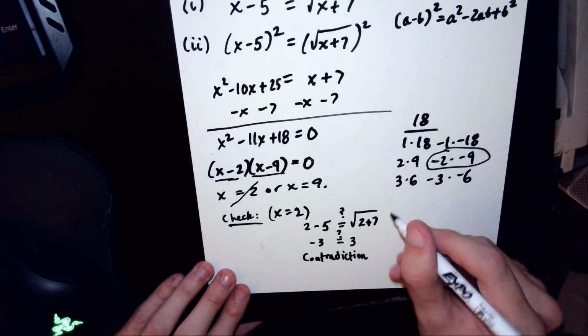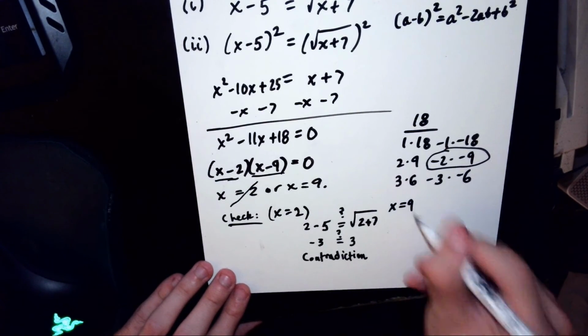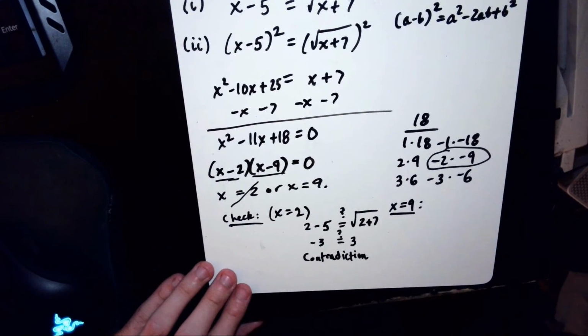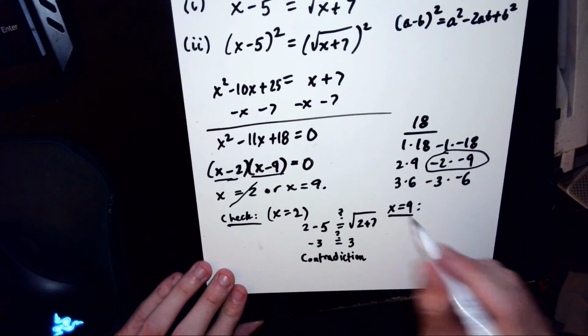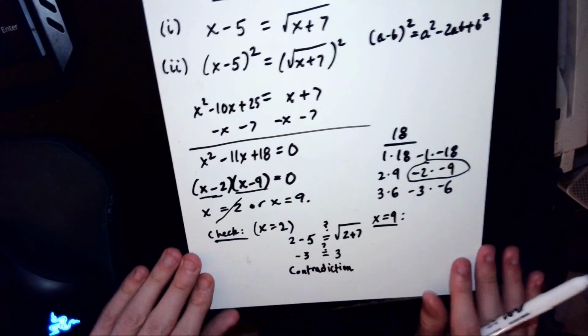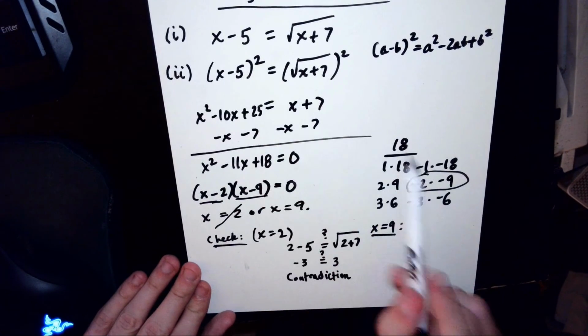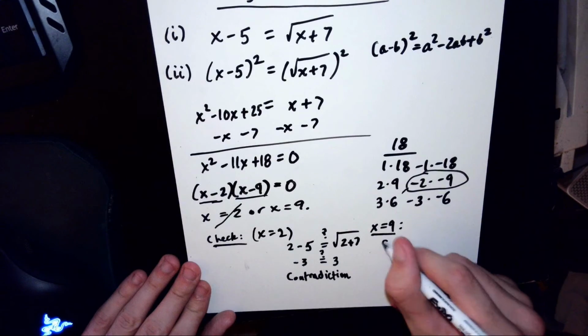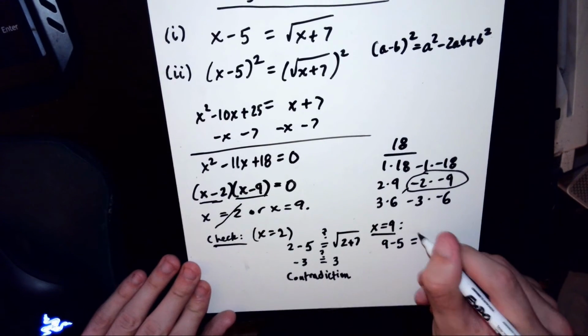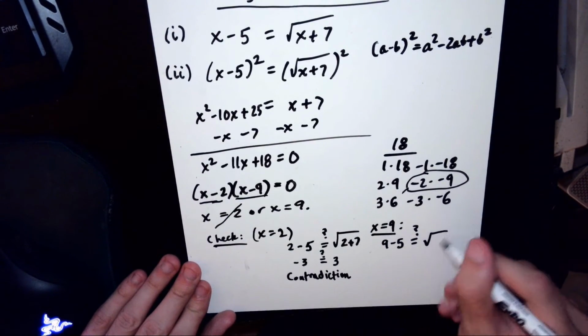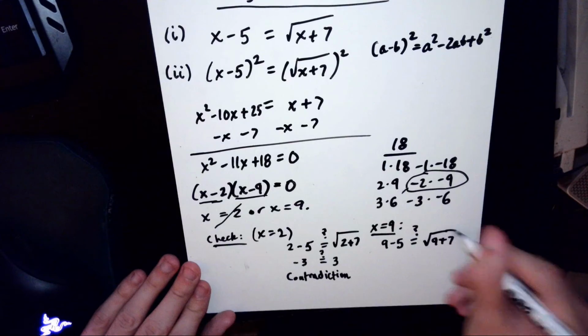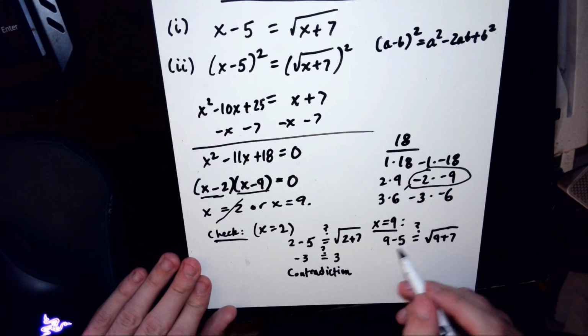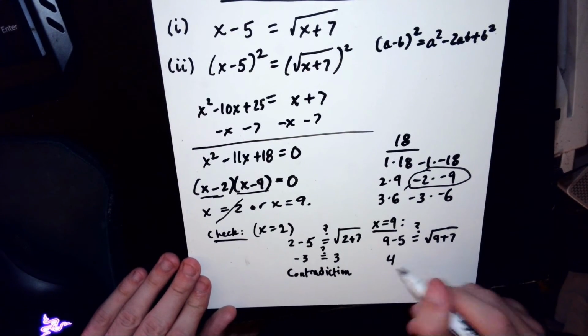Let's check x equals 9. Maybe there's still hope for x equals 9. Again, we're checking equation 1, so that would be 9 minus 5. We're checking whether that equals the square root of 9 plus 7. On the left-hand side, 9 minus 5 is 4.